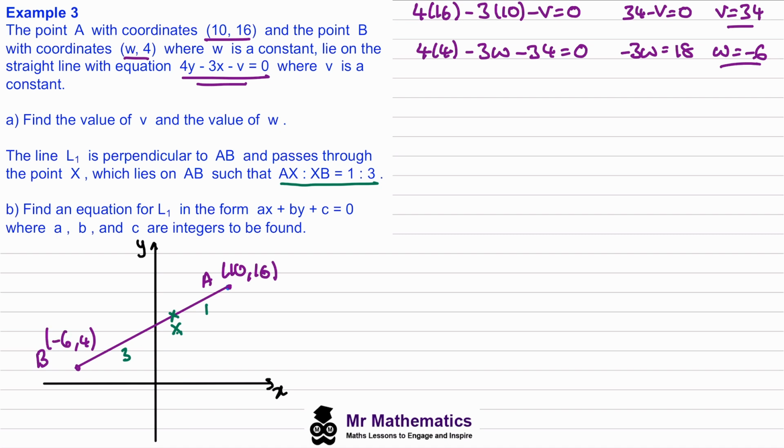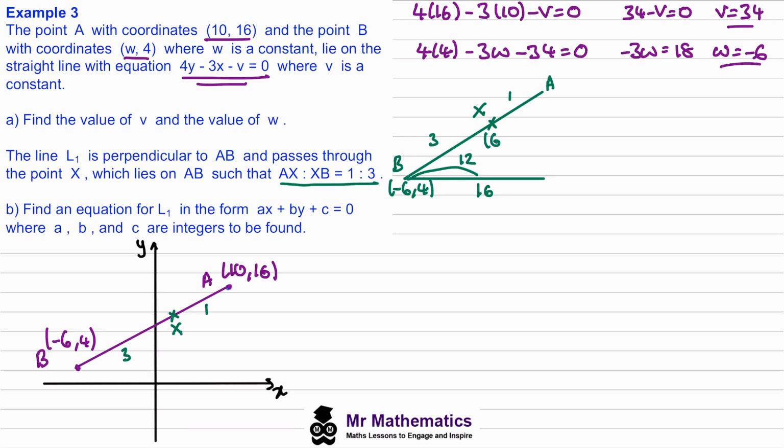So now we can work out this x coordinate by considering the line segment from B to A. The change in x is from negative 6 to 10, which is a distance of 16. We're breaking this up into 4 equal parts, and then moving across 3 of them from B. So if we move across by 12, then this will be negative 6 plus 12.